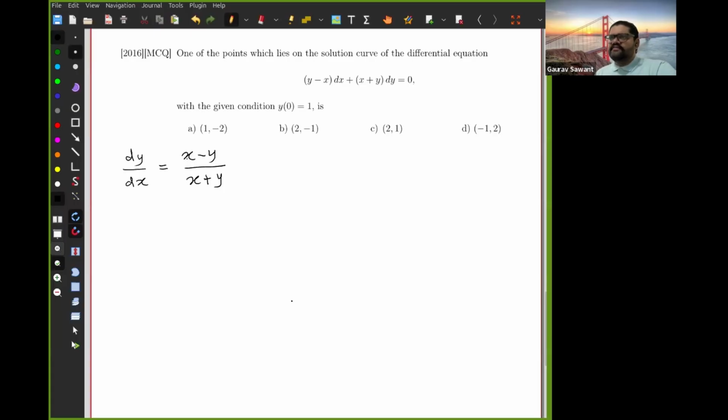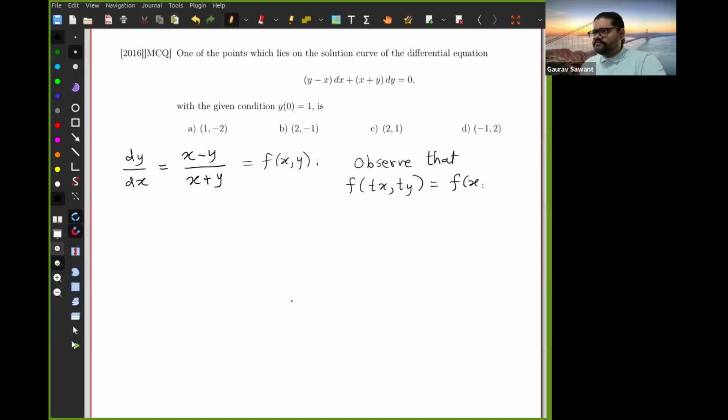If I scale x and y by the same factor t, replacing x by tx and y by ty, the resulting function will just be the same. Observe that f(tx, ty) is equal to f(x,y). So this is homogeneous of degree 0, t power 0 times f(x,y). So this is homogeneous.